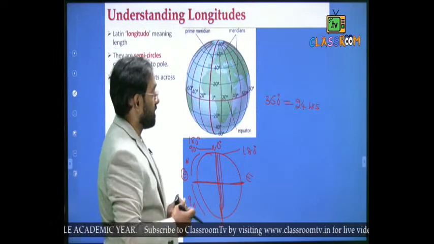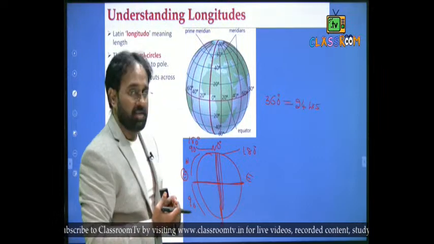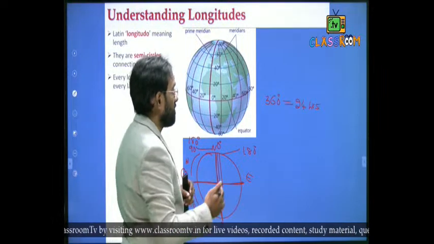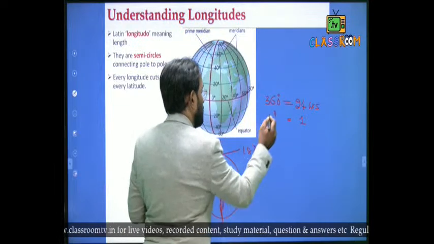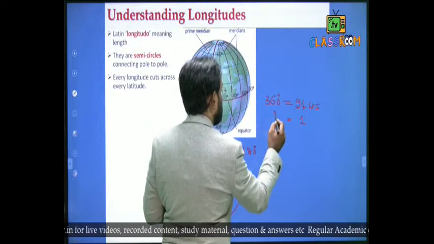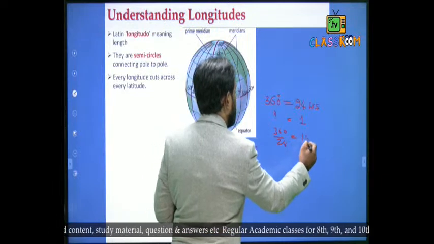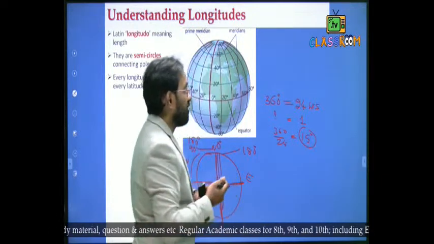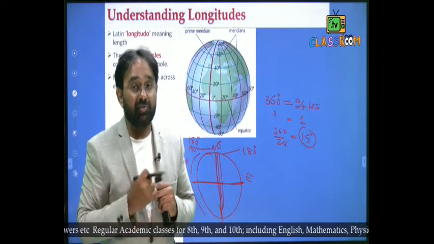If it is taking 24 hours for 360 degrees, for 1 hour how many degrees is it rotating? 360 by 24, you can say 15 degrees. For 1 hour we are rotating 15 degrees.